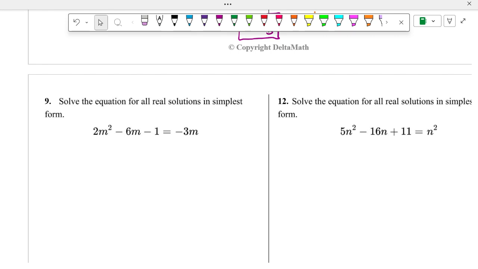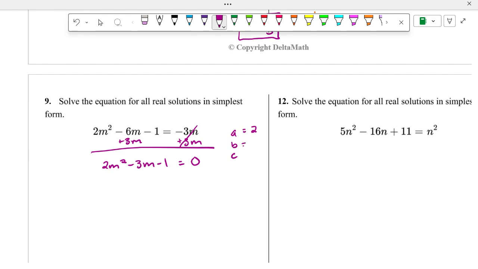All right, so Layla, tell me my first step here. We gotta get equal to 0, so what do we need to move? Good. So we add the 3m to the 6m, and we get 2m squared minus 3m minus 1 is equal to 0. All right.